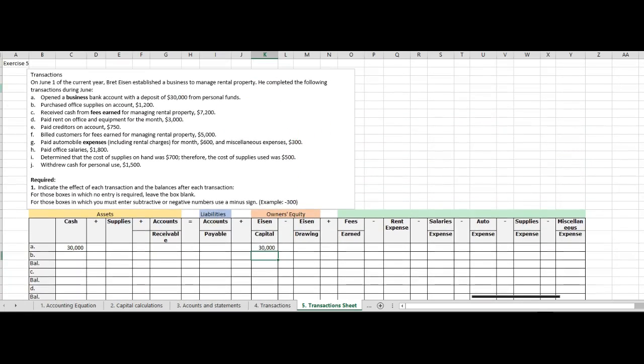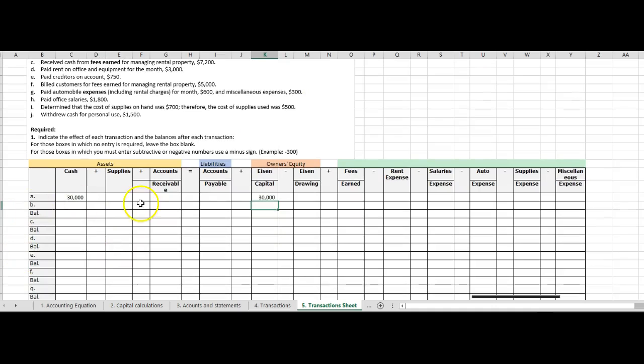So B is we purchased office supplies on account. That means my supplies go up by $1,200, and my accounts payable will increase by $1,200.